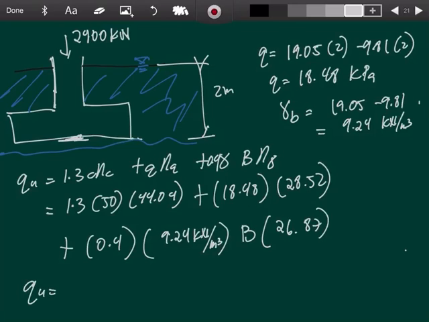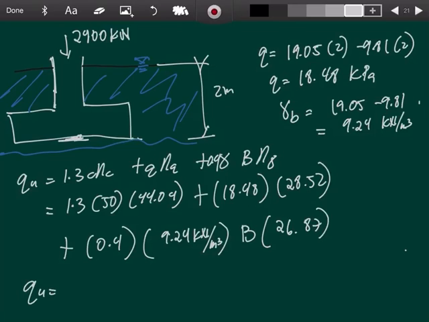So, ang QU is equal to 1.3 times 50 times 44.04 plus 18.48 times 28.52 plus 0.4 times 9.24 times 26.87. Di pala pwedeng i-plus kasi may B pala siya dun.